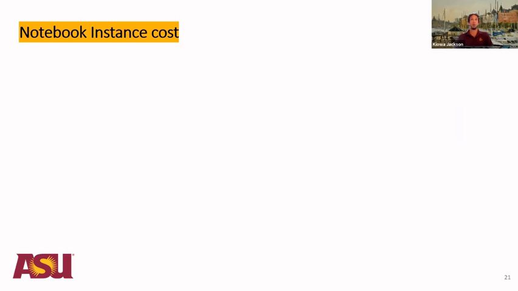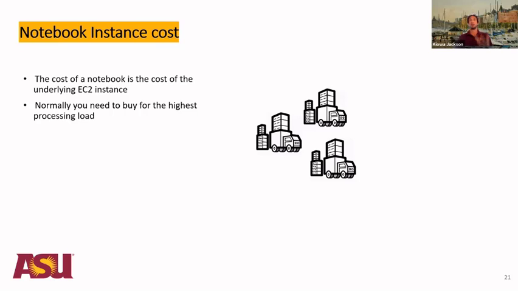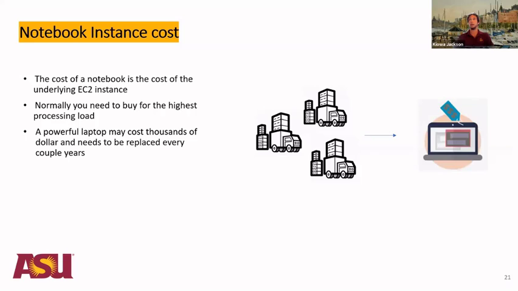So a couple of words on notebook instance cost and SageMaker cost in general. The cost of a notebook is the cost of the underlying EC2 instance, and that goes for almost all of SageMaker's services. To compare that to a regular machine, normally you need to buy something for the highest processing load. Say you have truckloads of data and you need to get that into a model and train it.